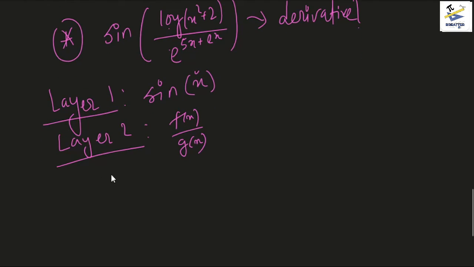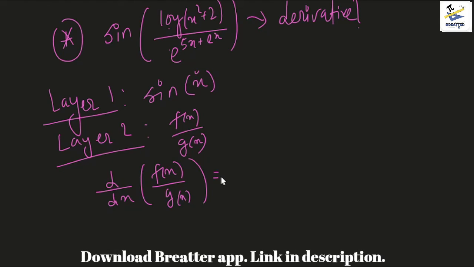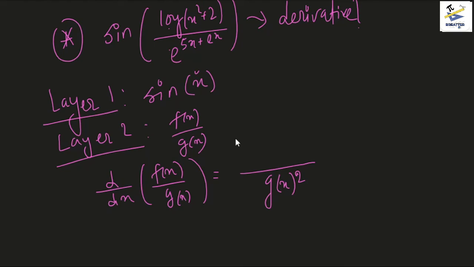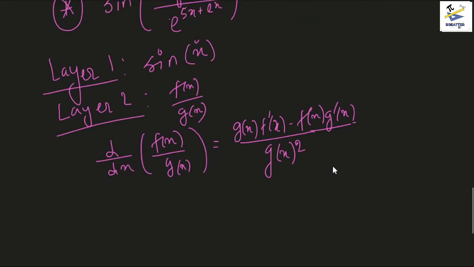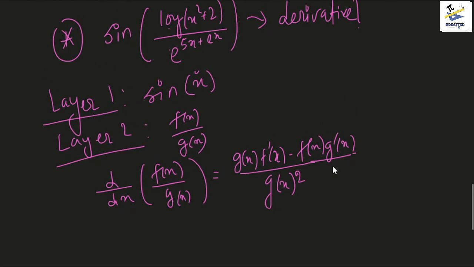I'll just write it down here, that d/dx of f(x) by g(x) can be evaluated as f(x) into g prime x, right? What is layer number 3? So in f(x) there are two layers, right? In f(x) there are two layers. How many layers are there?